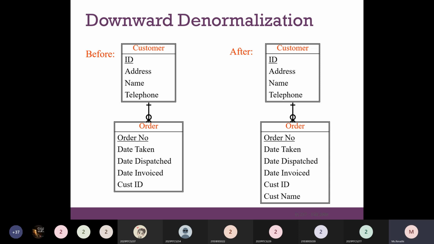Customer and order have a 1:n relationship. Here, by applying denormalization, we are equipping the order table with the customer name as an additional attribute.